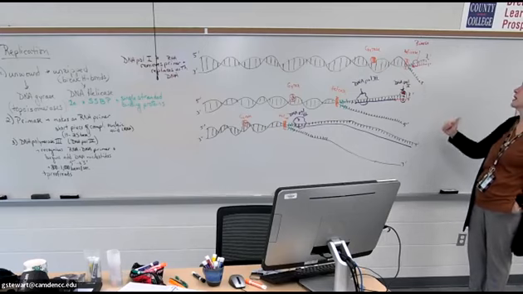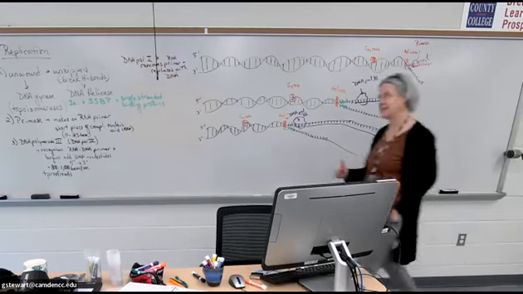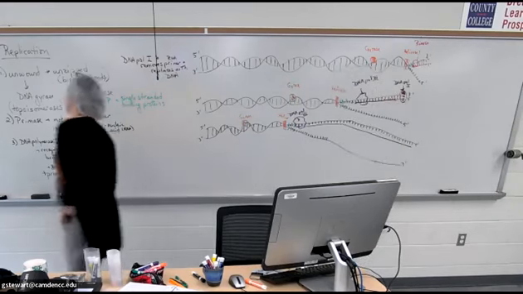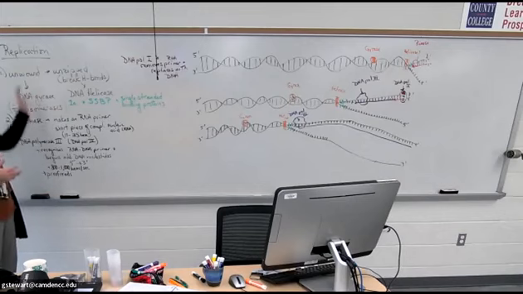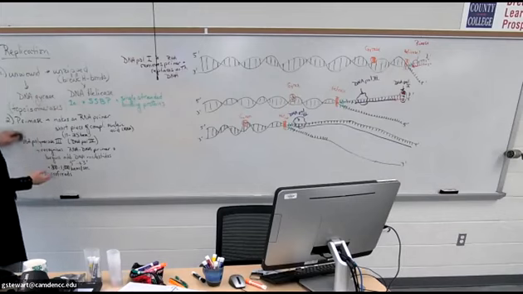So the other strand, we call that the lagging strand, because it seems to be made a little bit more slowly. I'm going to erase these steps and put the lagging strand steps on there, but probably with fewer words, because some of it repeats.